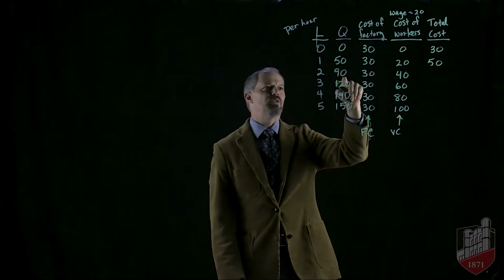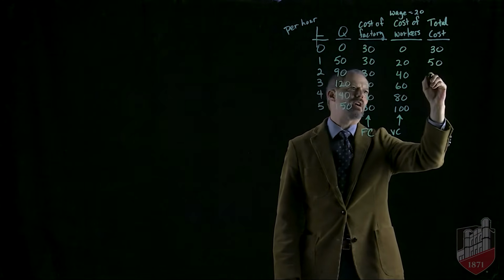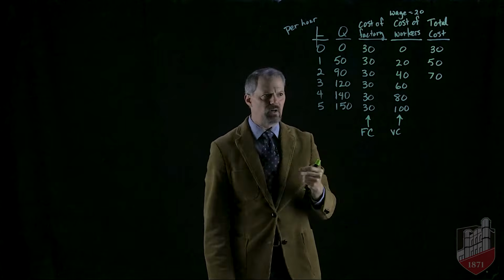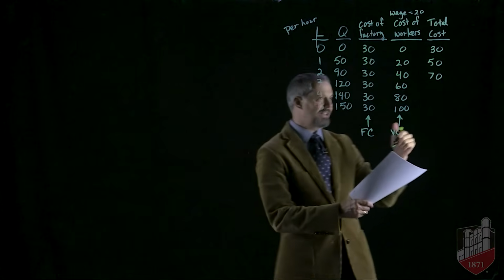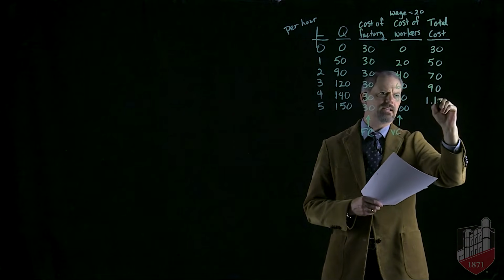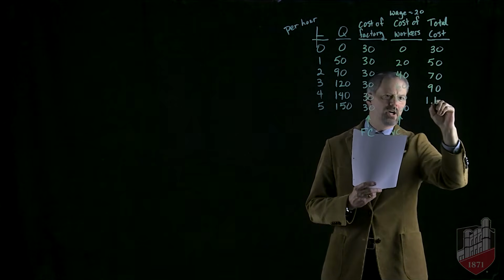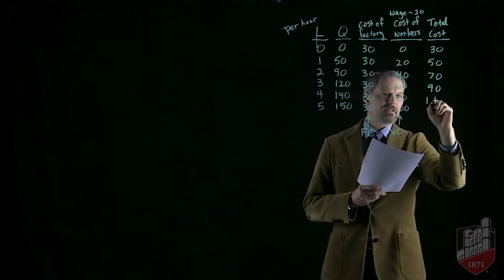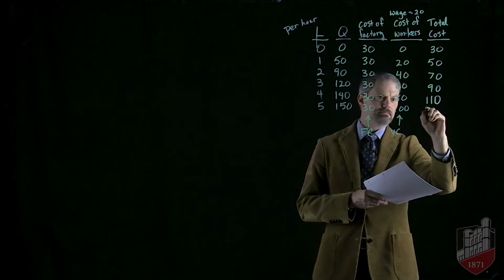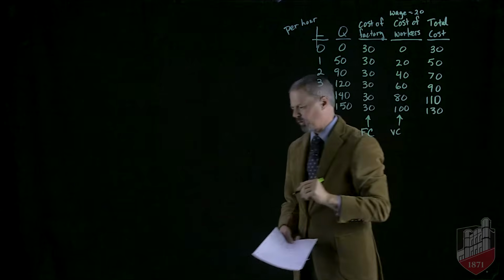If we're producing 90 units of output, our total cost of production is $70. You can see that this is going up by $20 each time. So that's easy to fill in. 90, $100, 110. Let's do that. 110, and then 130. So there's our total cost column.